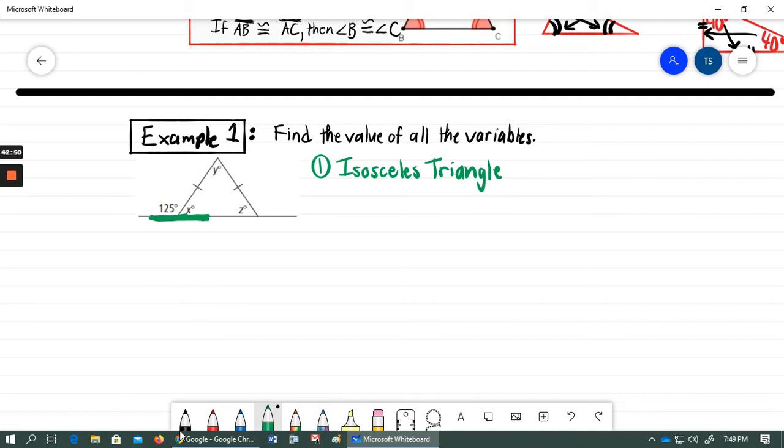So again, these are supplementary angles, this exterior angle and its adjacent interior angle.